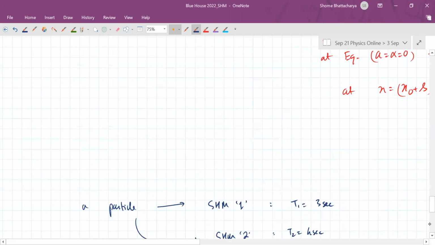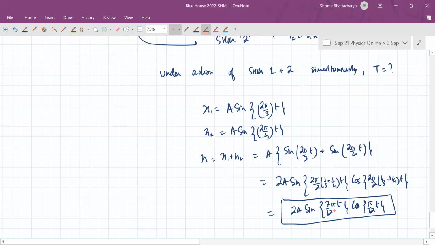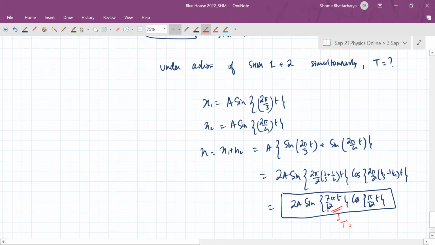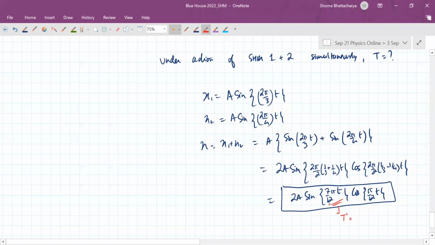Now see, here is a product of two oscillating terms. Now this oscillating term has a time period, let's say, of t prime, which is 2 pi by 7 divided by 2 pi by 12. So 24 by 7 seconds. And this term has 24 seconds. Now it's the product of these two. So this is repeating every 24 seconds, but this is repeating every 1/7 of 24 seconds. So the product of the two are actually repeating at what rate? 24 by 7?